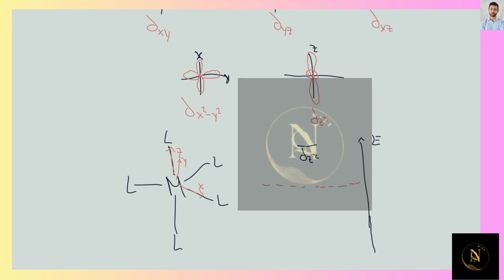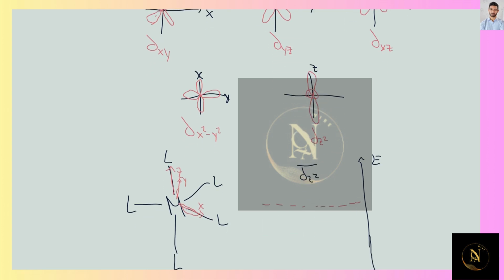In x squared minus y squared, we have the orbital directly on the x and on the y axis. As you can see, the orbital would be interacting directly with one of the ligands, and it's right in between two of the others that are in the plane. So that is another one that is going to be a high interaction.